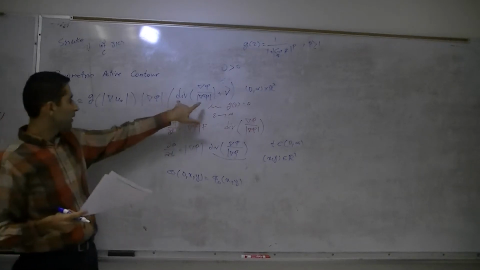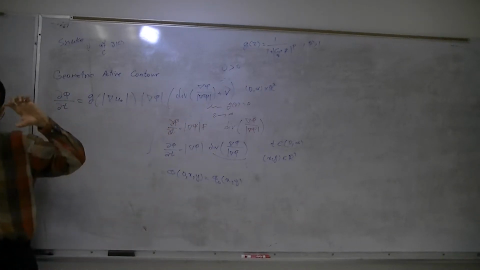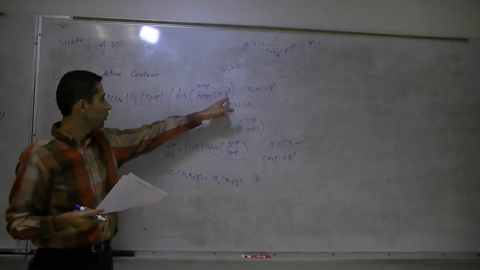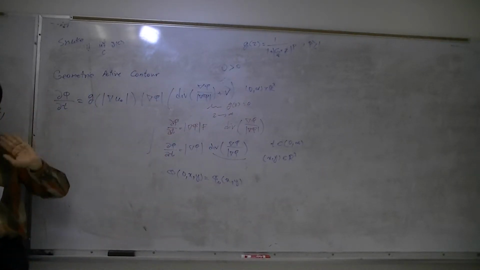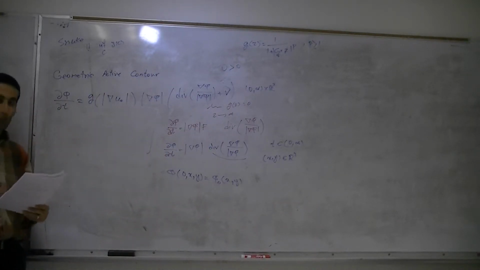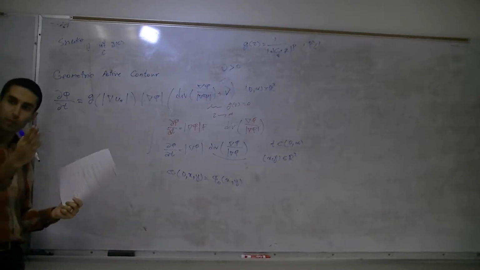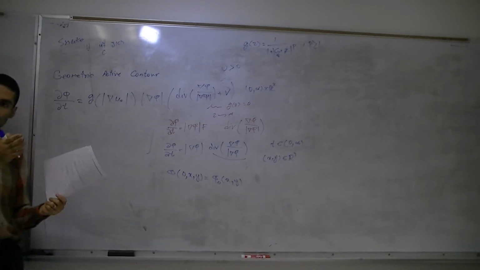It always forces the, for example, if this value is small, we have a big nu here that always pushes the boundary to move, and it helps if you are close to the points that have the minimum gradient.